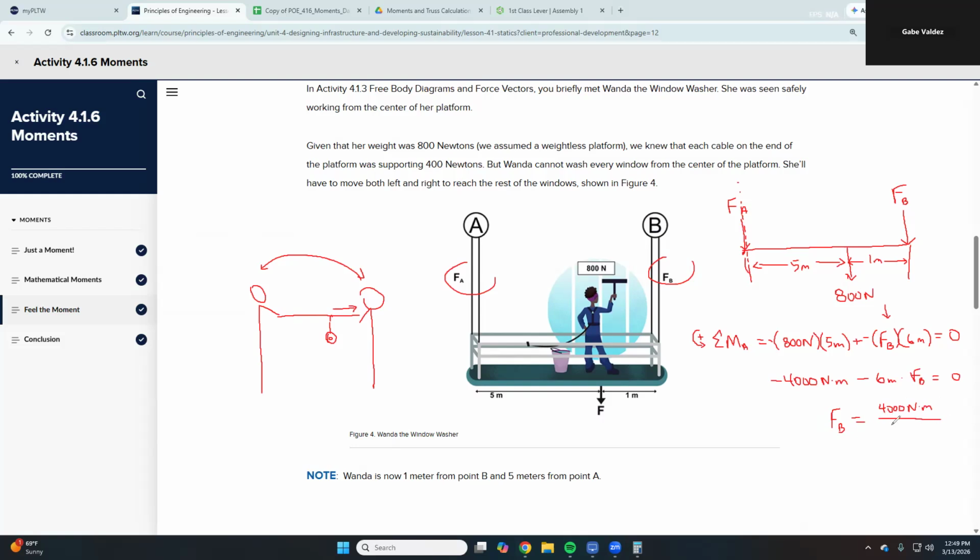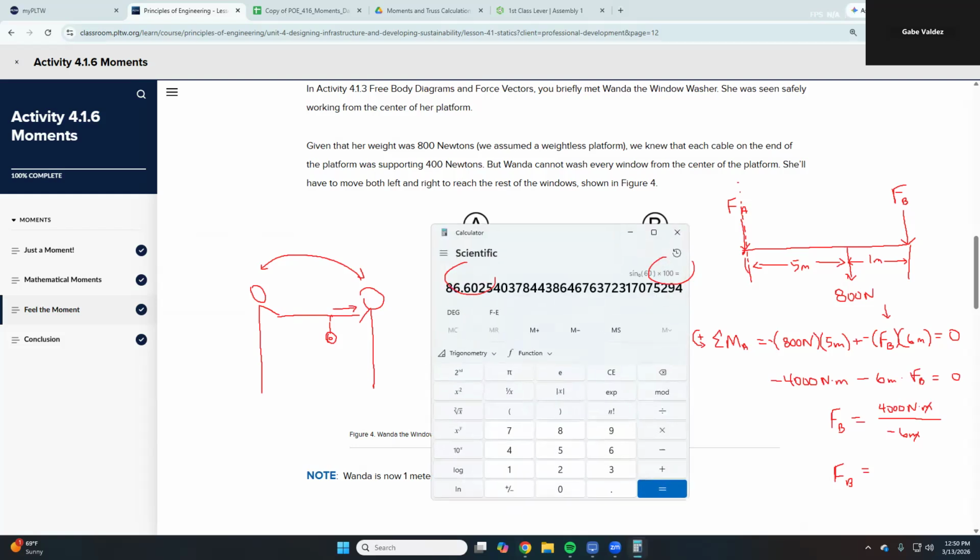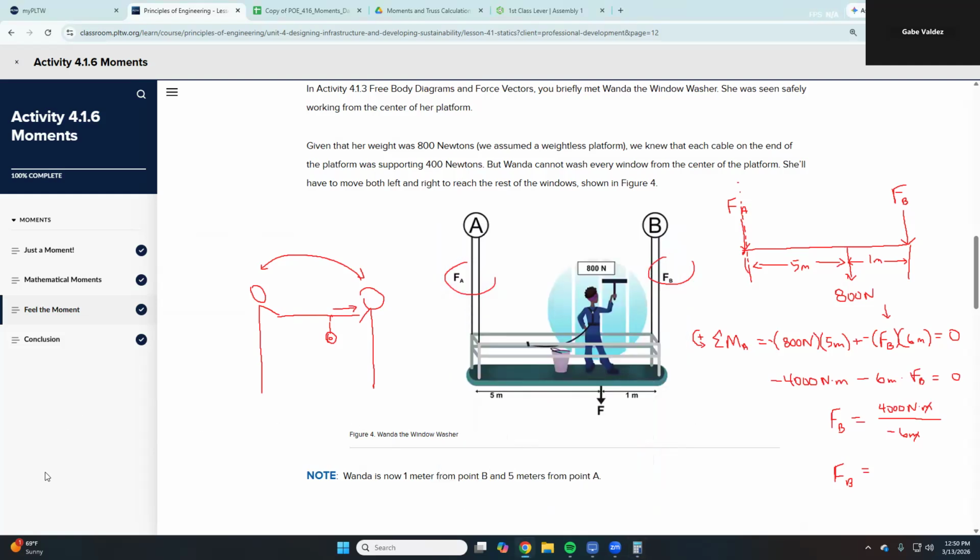And then I divide by negative 6 meters. My meters cancel out. So the force in member B is equal to 4,000 divided by 6. So 667 newtons.